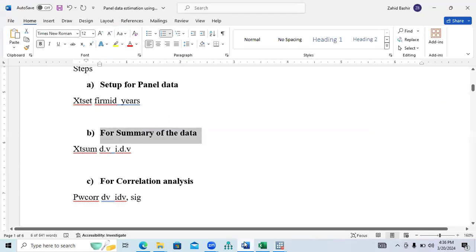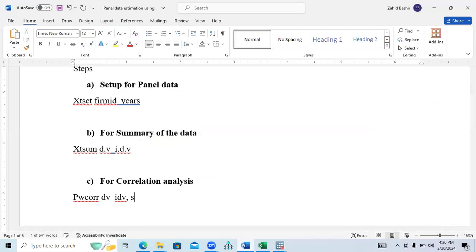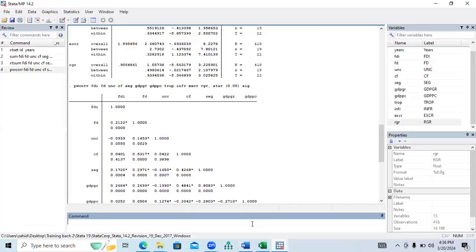If you remember, I have told you that for checking multicollinearity, the correlation coefficient should be 0.80 or greater. So if the value is 0.80 or greater, and it is also significant, then there might be an issue of multicollinearity.